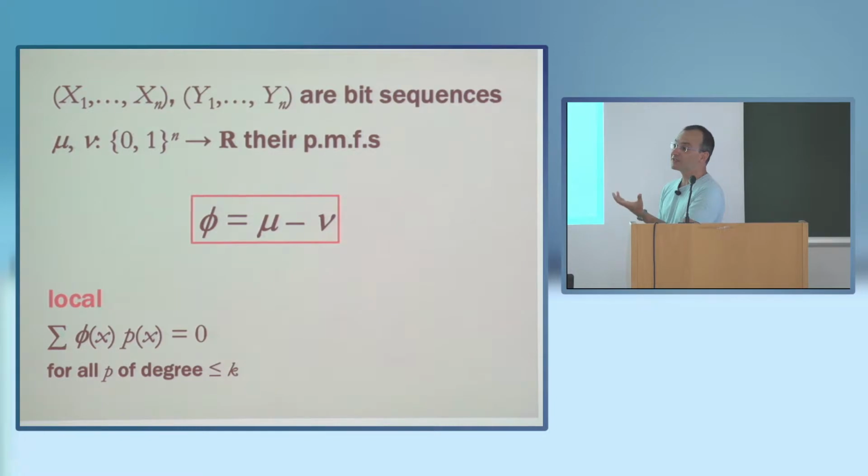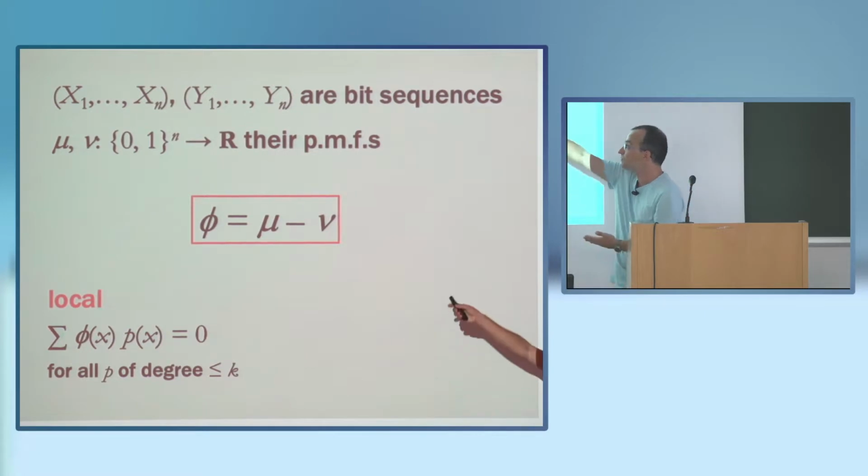You can think of a distinguisher as looking at a window of k positions, some kind of local function or monomial. If I take linear combinations of monomials, this will not help me distinguish between these two distributions. So I can formulate the indistinguishability in this algebraic way.